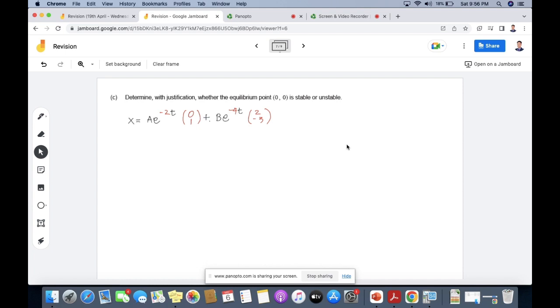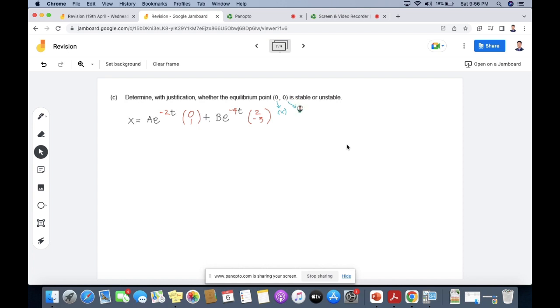All right. So for us to be able to understand this, remember that this one is pertaining to your x, and this one is pertaining to your y.